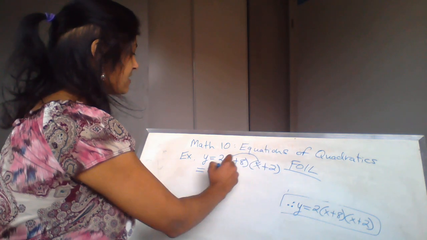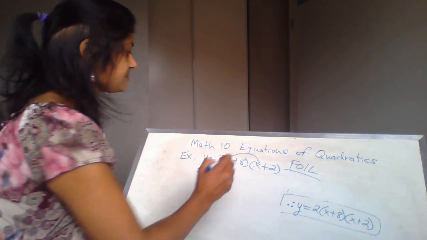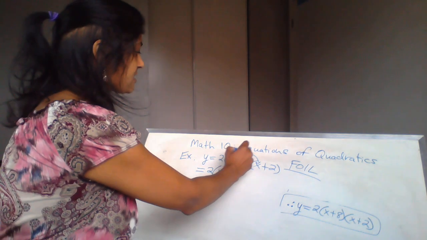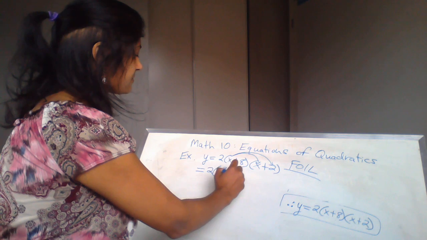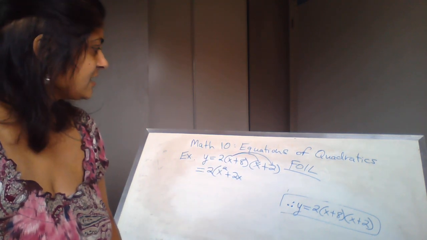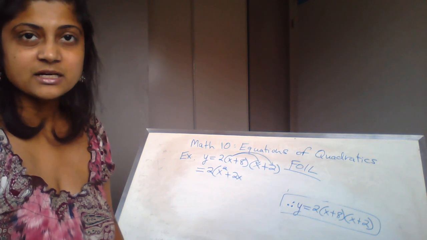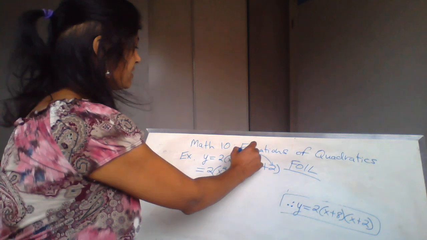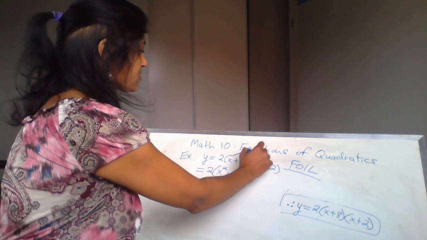So I'm doing x times x, so x squared. Then you're going to go to the next two terms, x times 2, so it's positive 2x. And again, make sure you're always foiling out these binomials in the same pattern, and that way you know that you're getting the right answer.